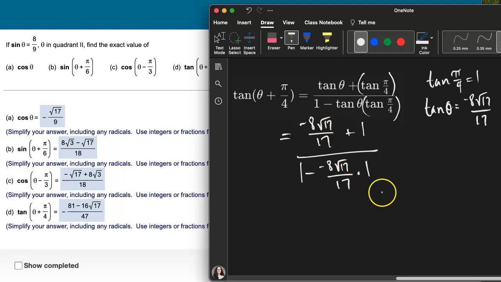I see a complex fraction, we can't leave it like this. So let's multiply both numerator and denominator by the common denominator, 17.